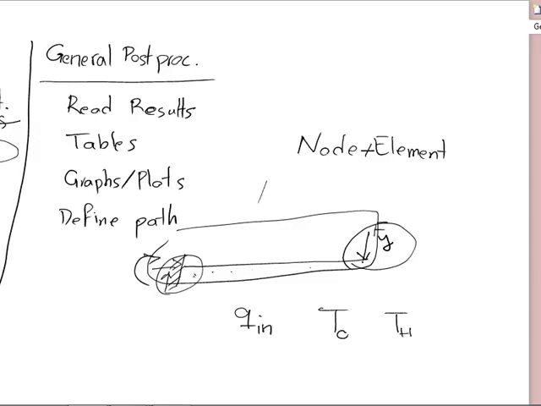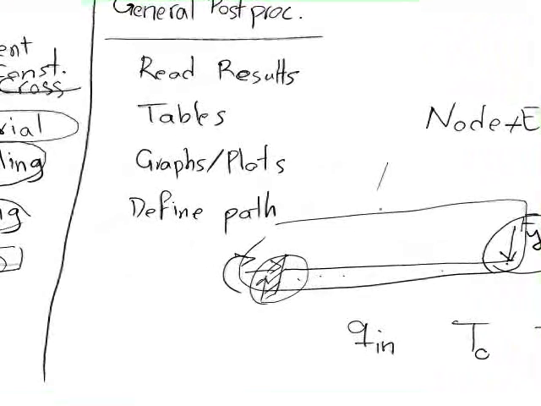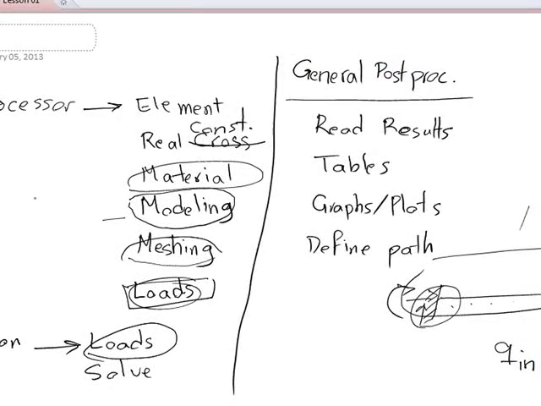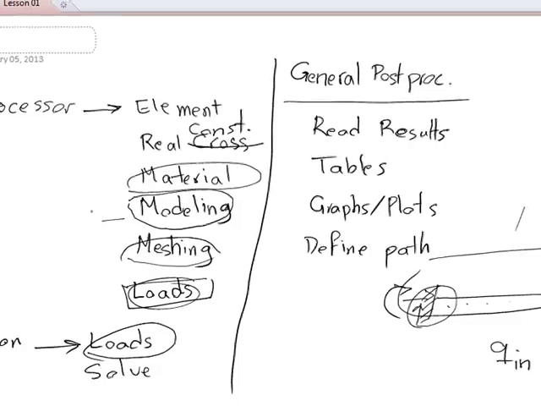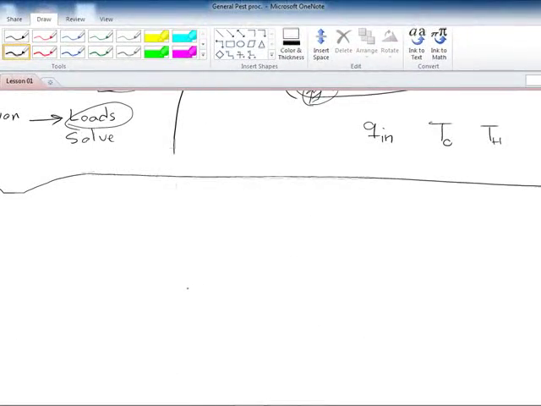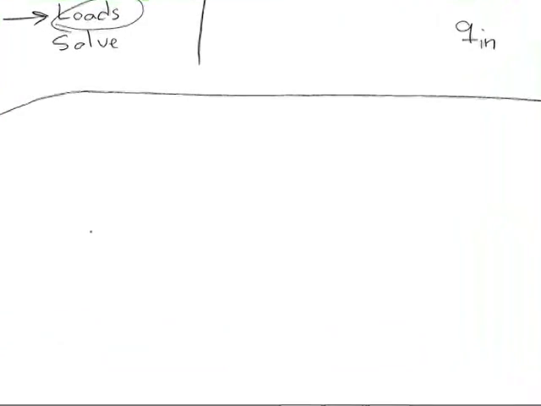For this lesson, I want to do a very basic analysis. Alright, for this example that I want to do today, it's going to be very basic. I'm going to have a beam and support it at two locations, something like this.